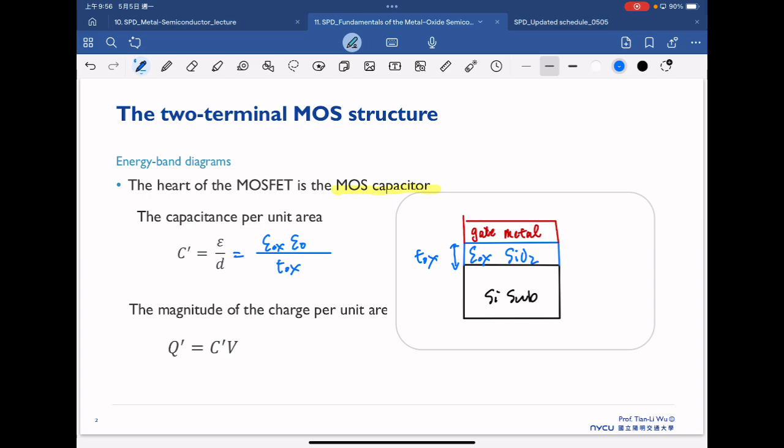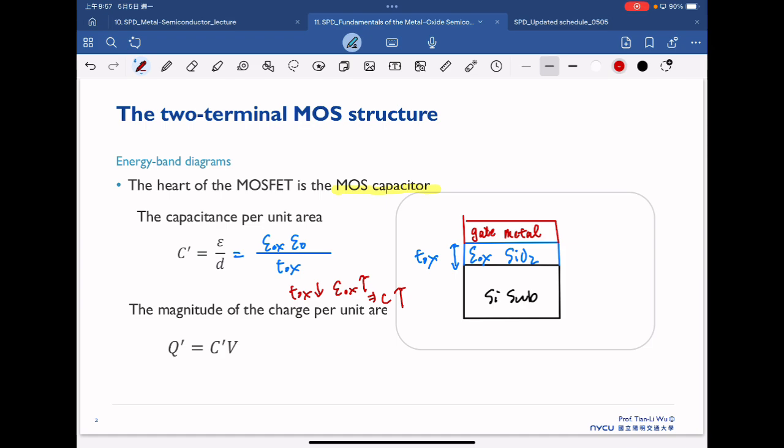So now you can understand, either we make the oxide thickness smaller, or we increase our dielectric constant, then we can have a higher capacitance value here.